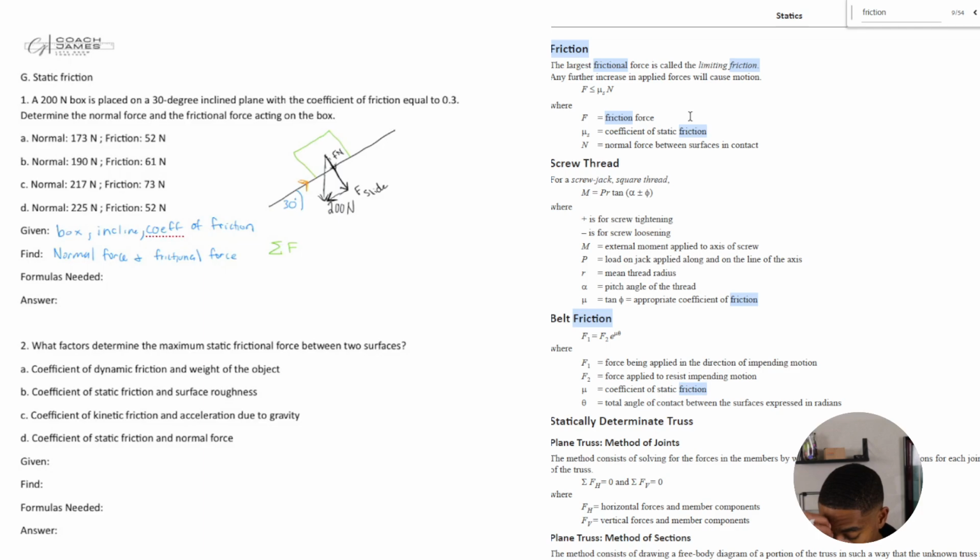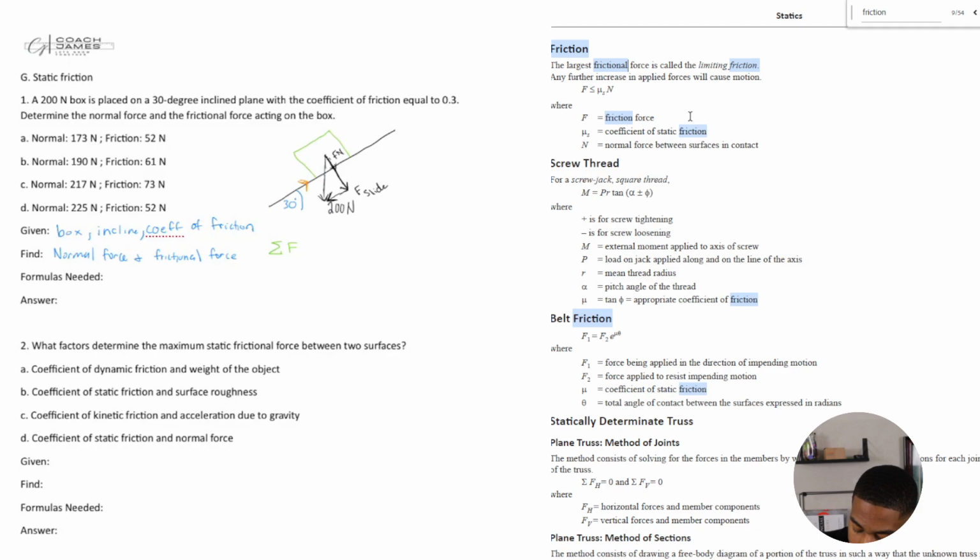We got this coming down, but ultimately an equal and opposite force should be holding it up. So that's what that normal force is going to be doing.